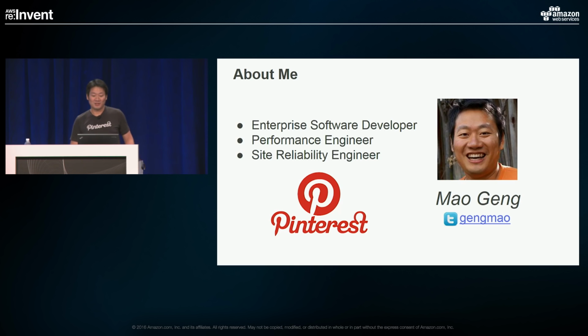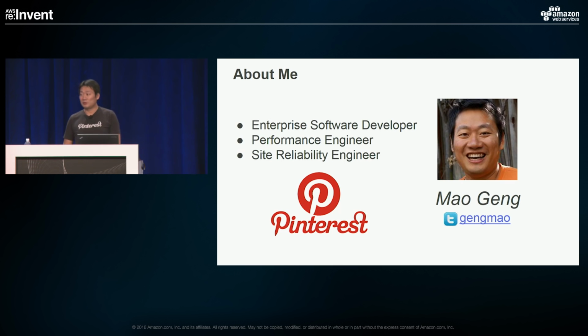Then I became a performance engineer in a SaaS company. 2 years ago, I switched to the SRE role. And I'm excited about cloud and container technologies. I'm focusing on putting things into containers since I joined Pinterest.